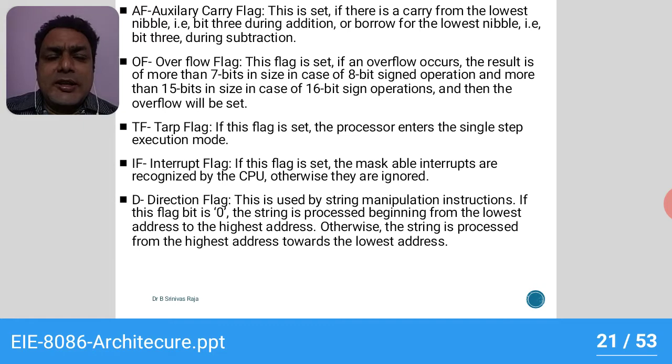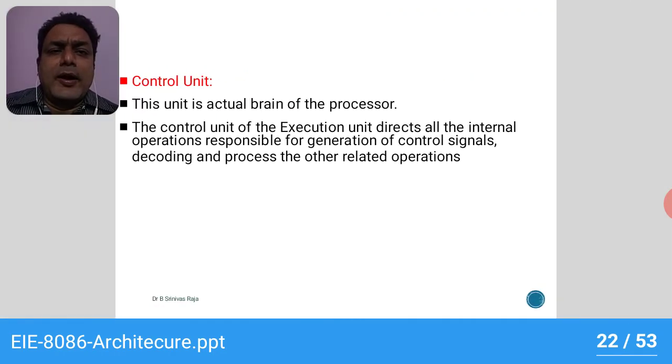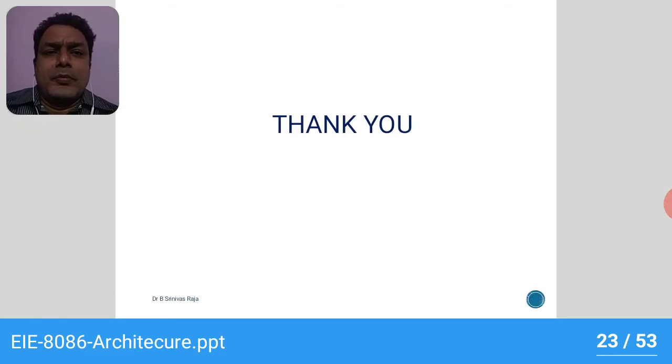So these are the flag registers of 8086. The 8086 contains a 16-bit flag register, and we have discussed the various flags which are used in the processing of various instructions in 8086.